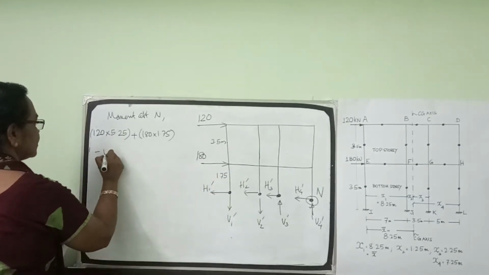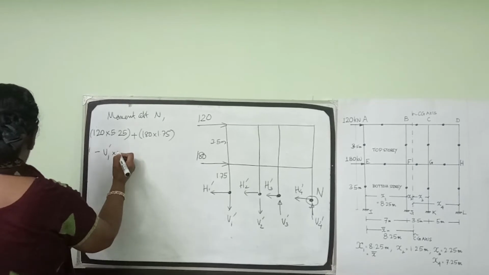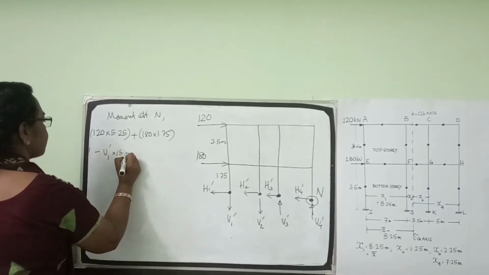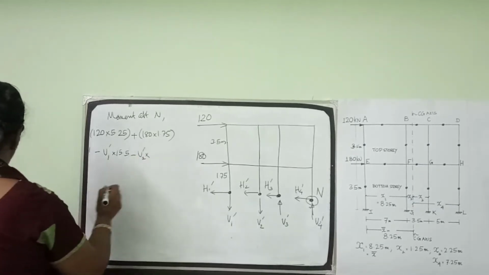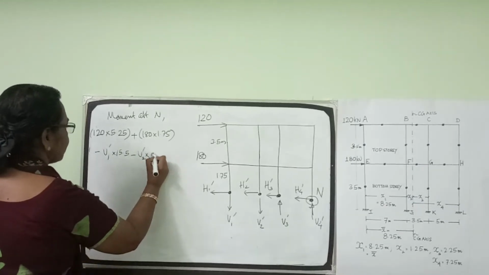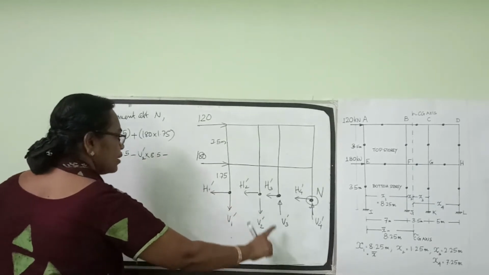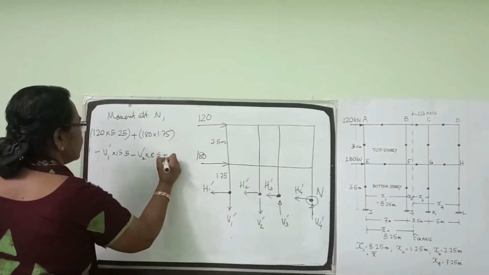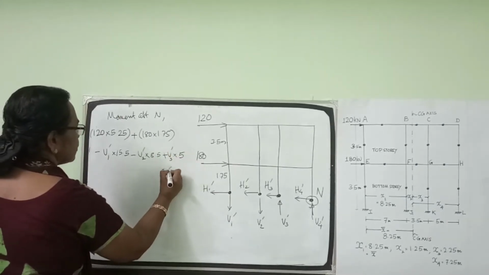V1 dash into 15.5, V2 dash into 8.5, minus, these two are anti-clockwise. V3 produces clockwise moment. So plus V3 dash into 5 is equal to 0.